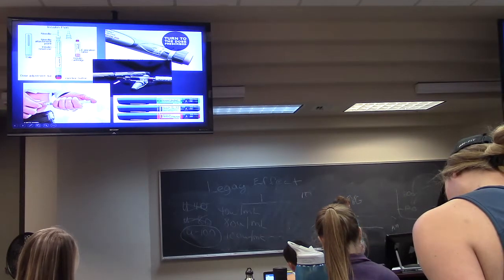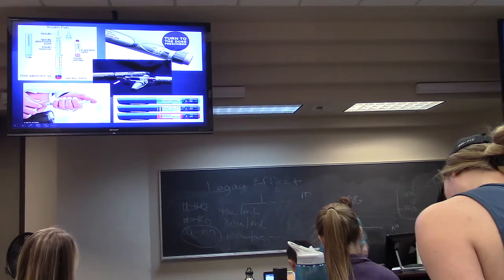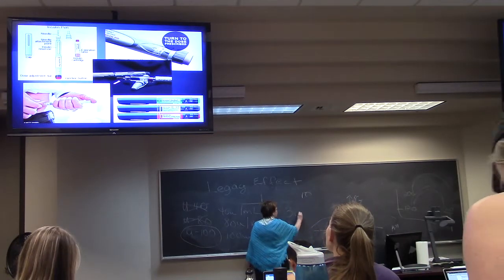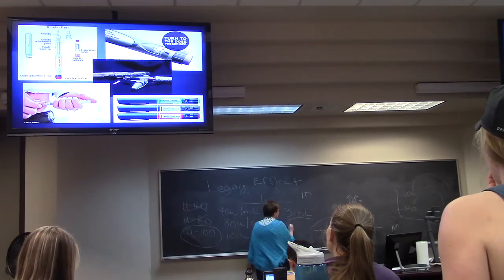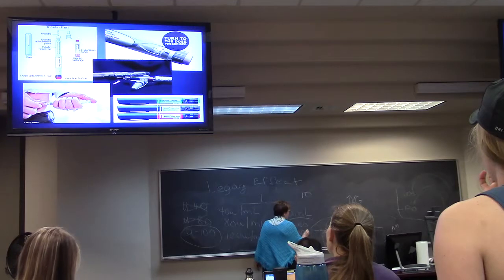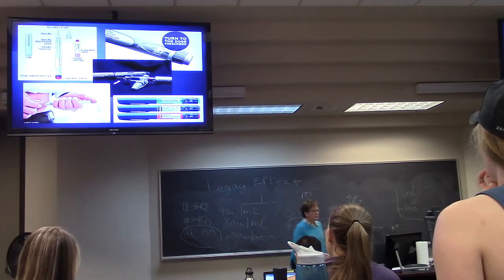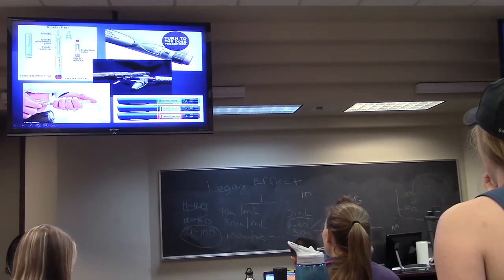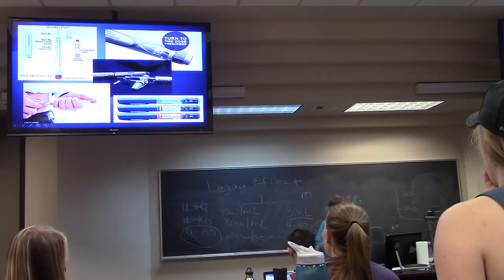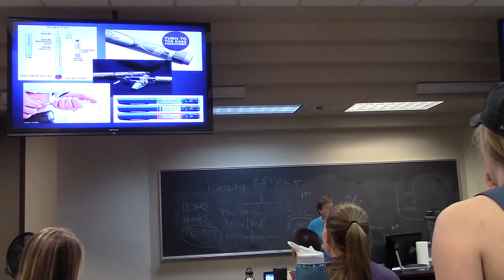So 300 units usually, if it's a U100, it's a 3 mil pen. At the end of that pen is a dial, so the patient can dial up the number of units that they are going to inject.